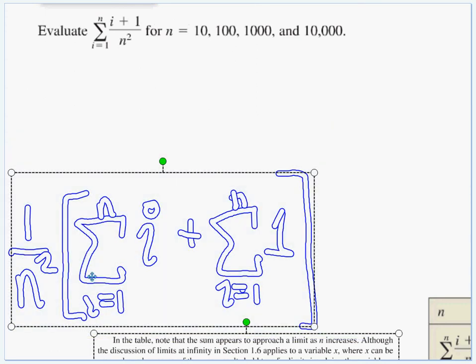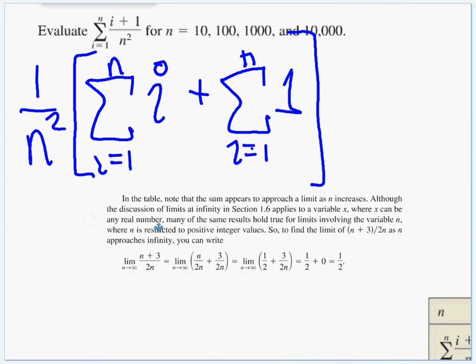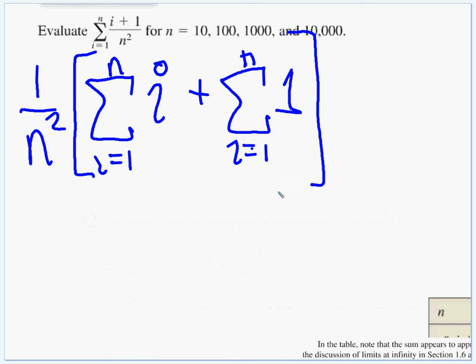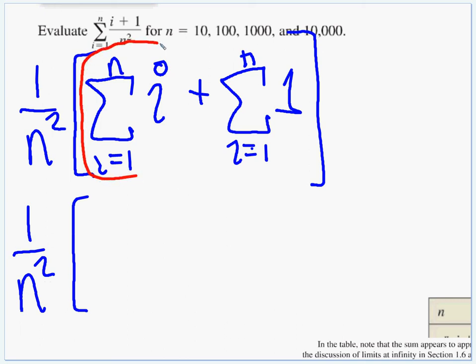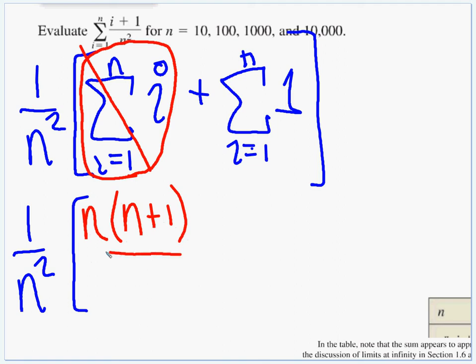We have a summation of i, and we have a summation of a constant. So at this point, we can apply the formulas. I still have my 1 over n squared outside my brackets. Here, I'm going to circle it in red. We have from 1 to n, the summation of i. All of this is going to disappear and be replaced with the formula n times (n plus 1) over 2.